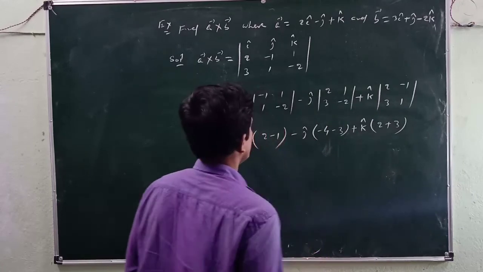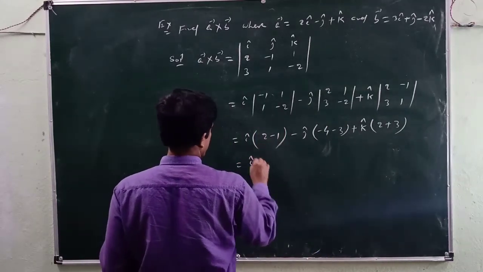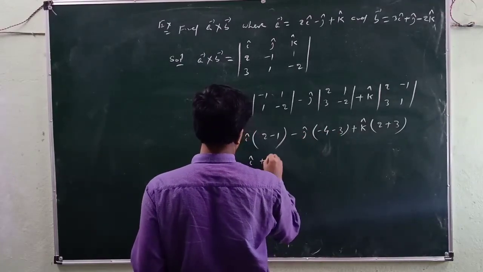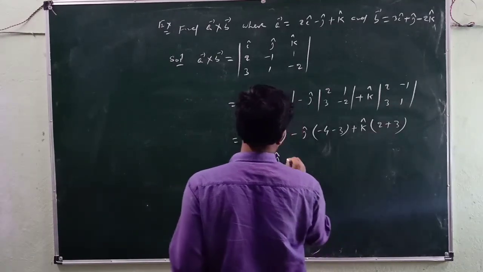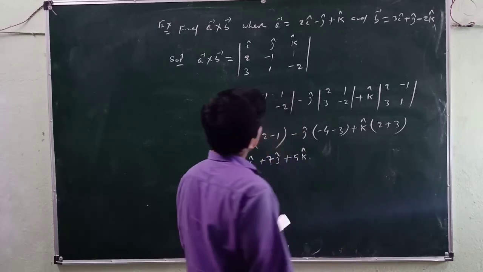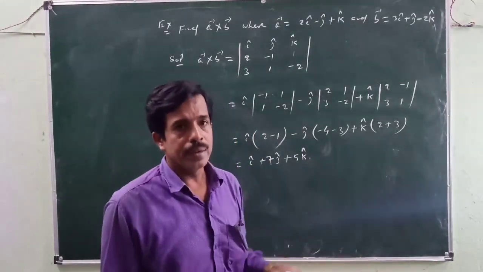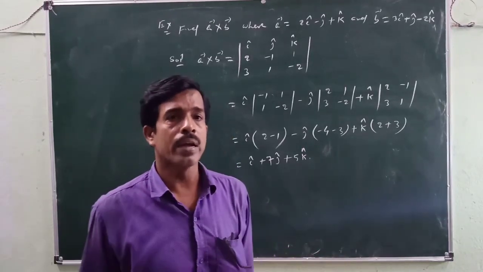Now here 2 minus 1, so for i cap there will be minus 7, here minus, so plus 7 j cap, then plus 5 k cap. This way you find the vector product when two vectors are given. Okay, thank you.